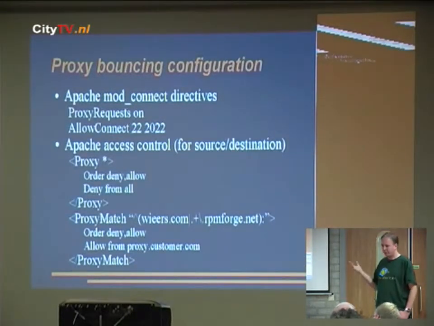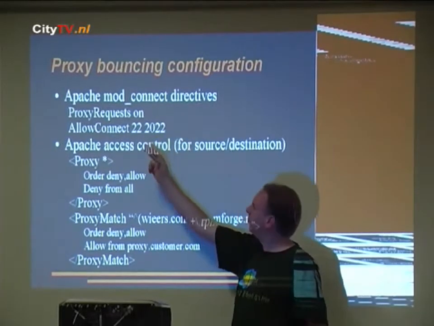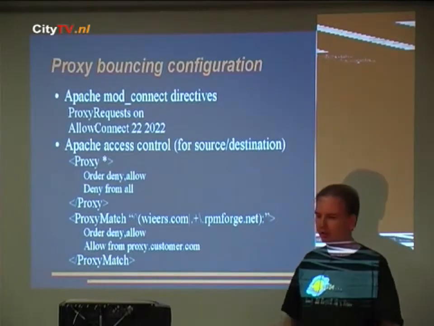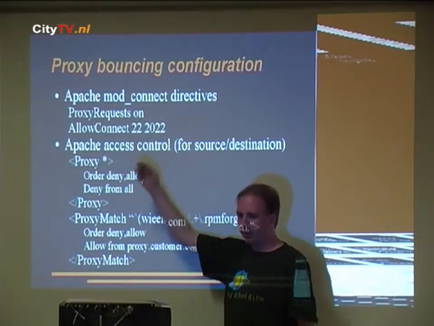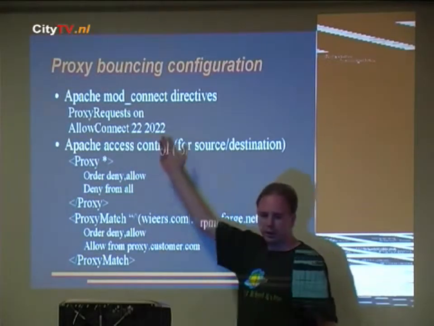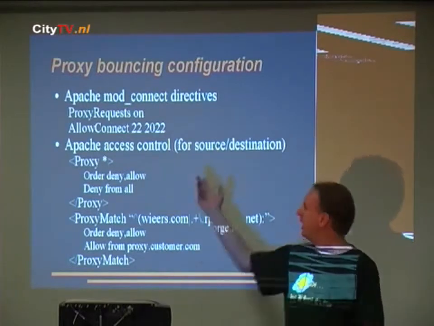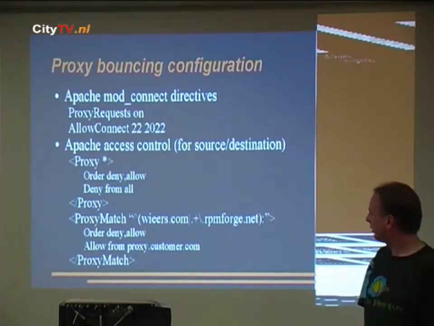So the Apache config you could use on the remote proxy looks a bit like this. You're first asking to allow proxy requests, so to turn on the proxy feature in your Apache. You say, well, I'm willing to allow connect on 22, in this case 2022, and you probably add 443 there as well, so you can use it as a regular web proxy.